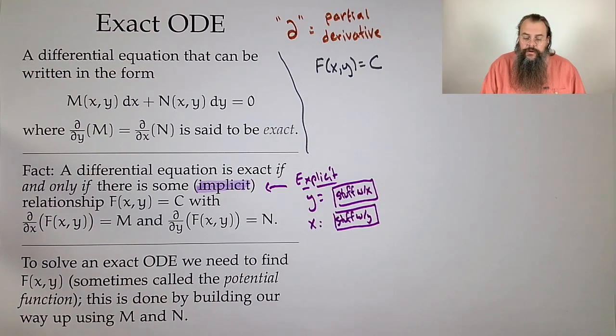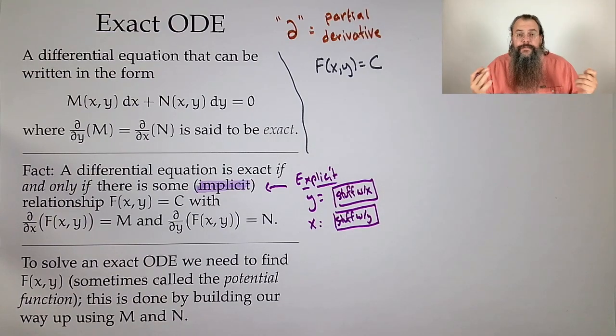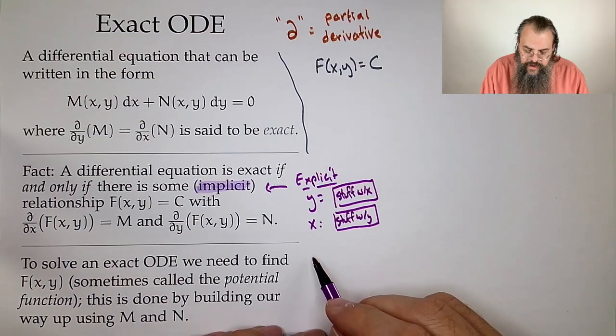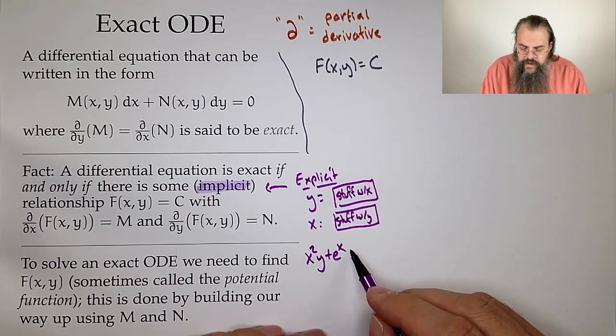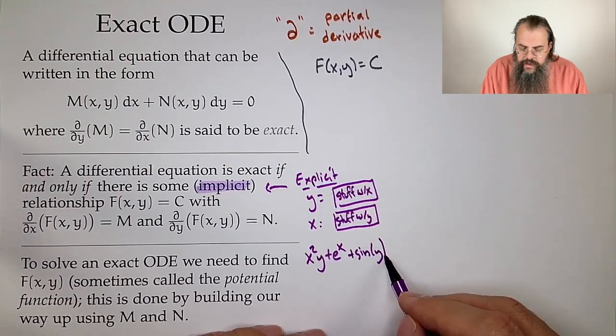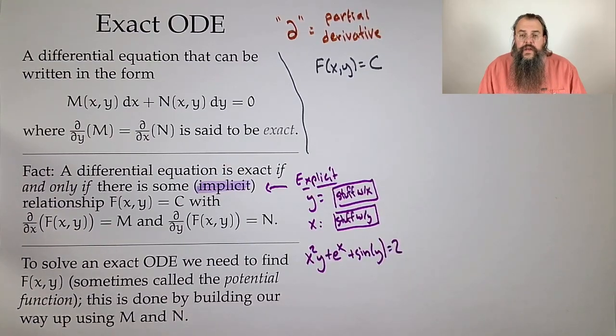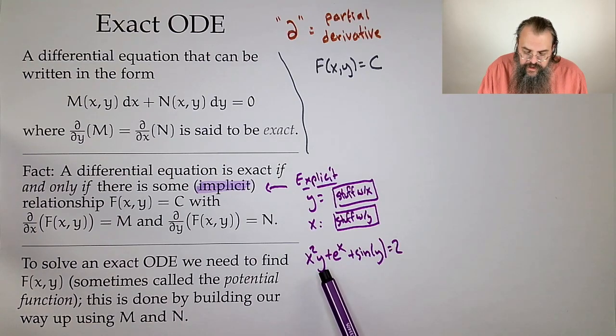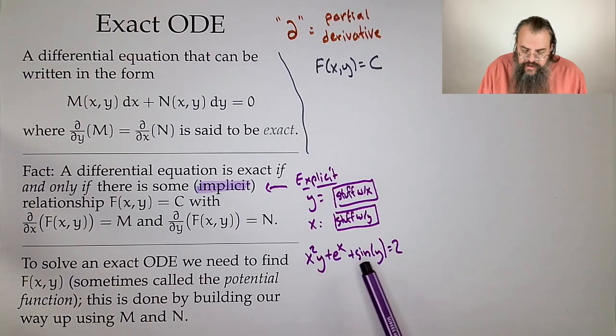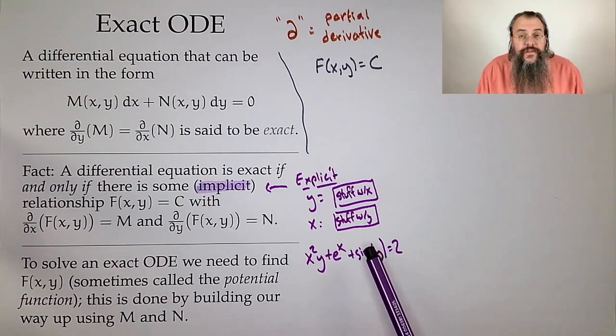Now, it's not hard to come up with implicit relationships. You could have something like x squared y plus e to the x plus sine of y equals 2. And if we look at this, we say, okay, there's just no way to get x alone or to get y alone. So for instance, you see here there's a y outside, and here there's a y inside.